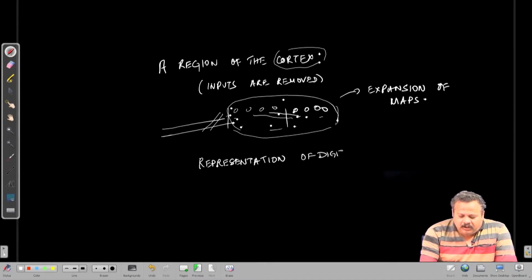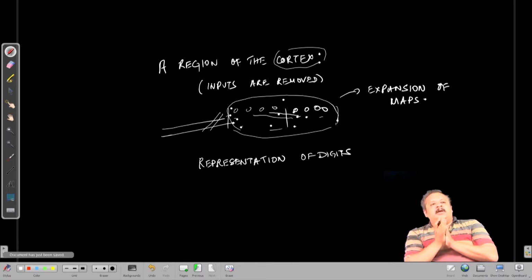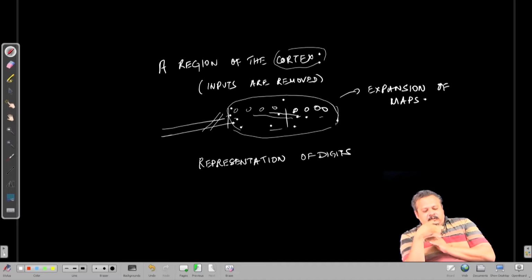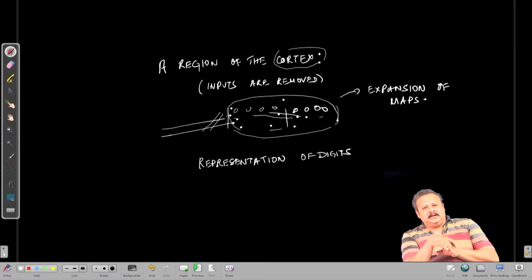If you recall, when we discussed the sensory systems briefly, we said that in the somatosensory cortex, there is a map, in the sense that neurons at specific locations in the cortical region are sensitive to stimulation on particular regions of the skin or the body, and neighboring regions were mapped into neighboring regions in the cortex.